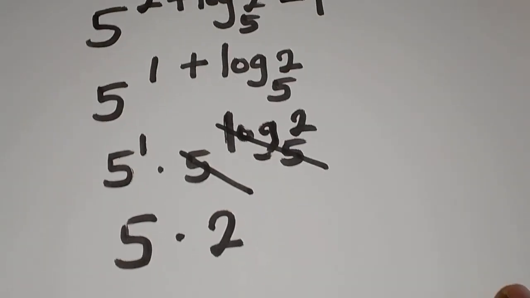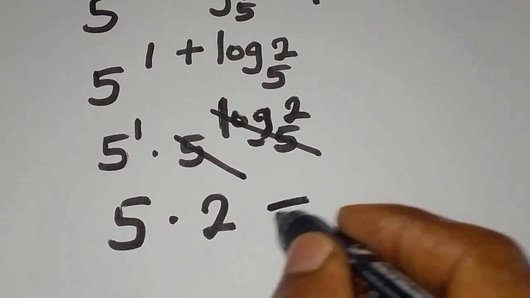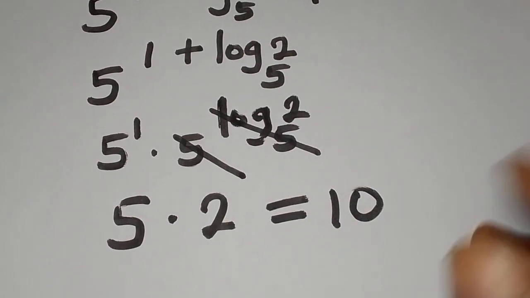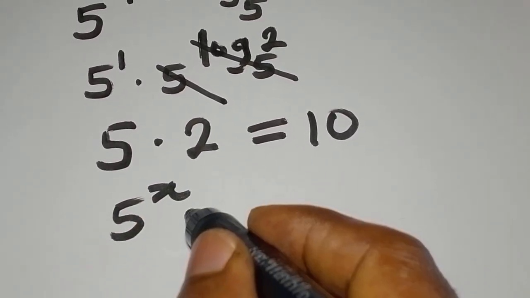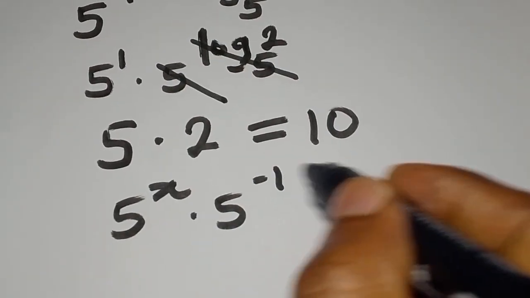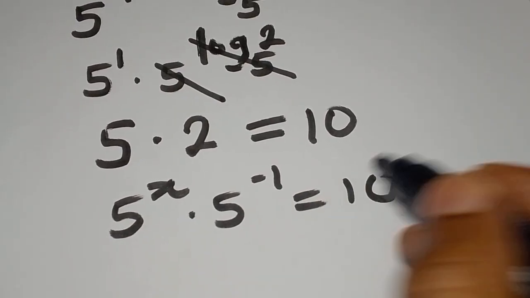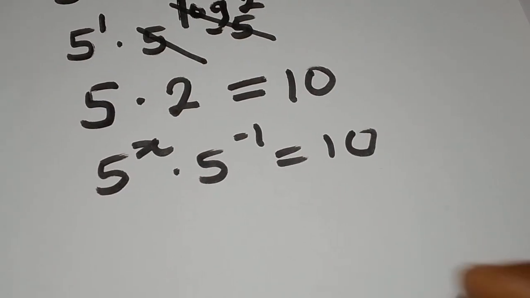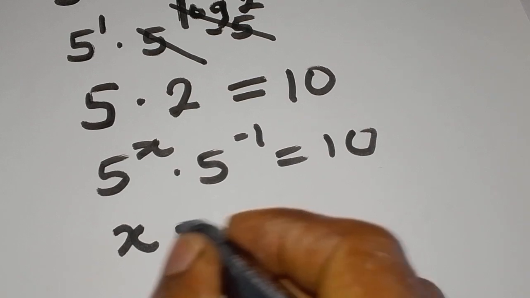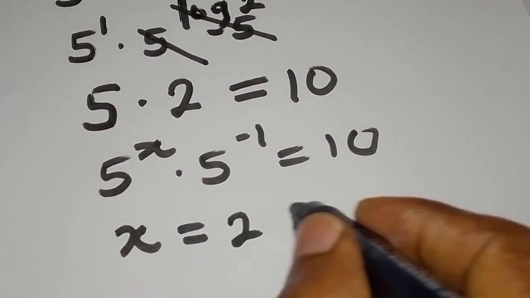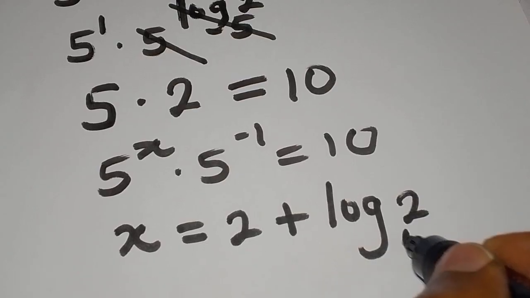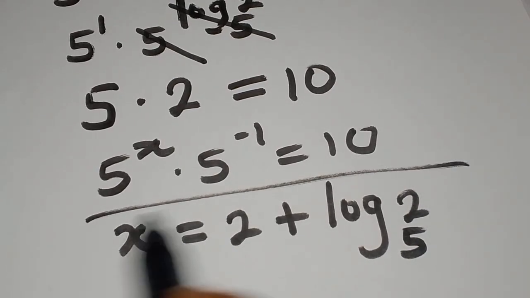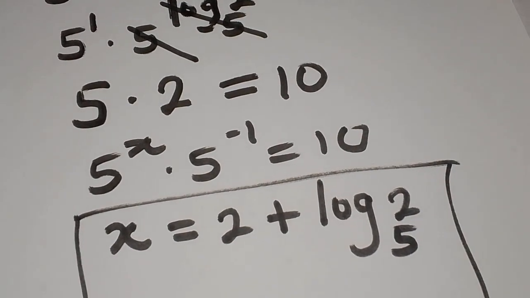That is one of the laws of logarithm as well, and this is equal to 10. No wonder the equation is 5 to the power of x times 5 to the power of -1 equals 10. So this is to say that our x, which is equal to 2 plus log 2 to base 5, truly satisfies the given equation.